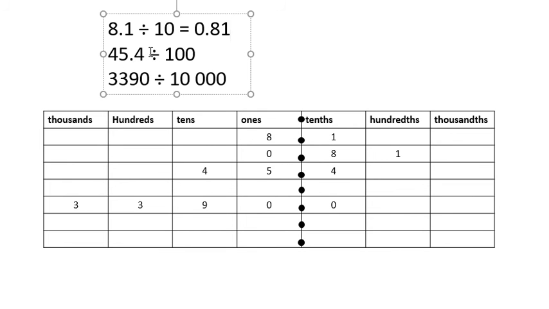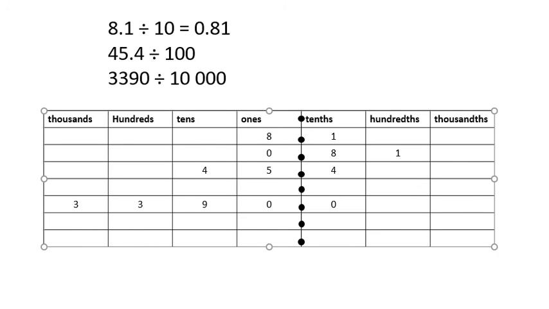45.4 divided by 100. Because I'm dividing by 100, each of my digits will move to the right by two columns. If it's divided by 10, it moves to the right by one column. If it's divided by 100, it moves to the right by two columns. So this 4 tens becomes 4 tenths. This 5 ones becomes 5 hundredths.